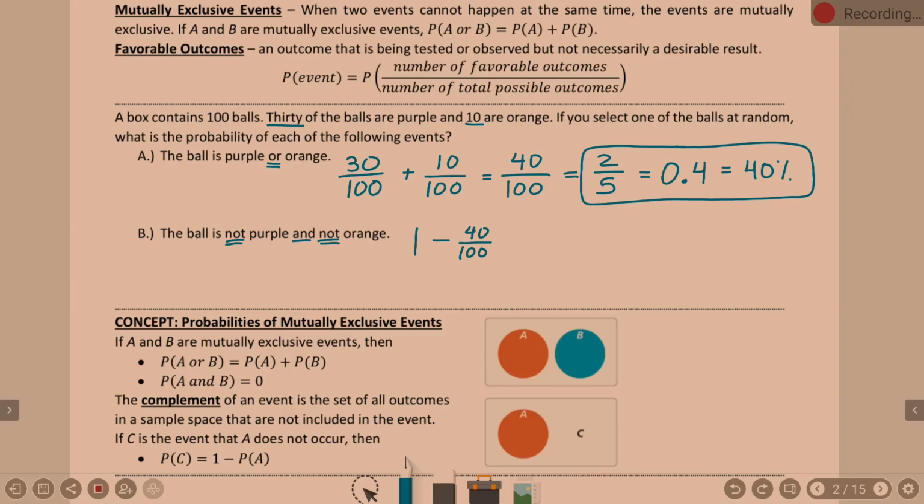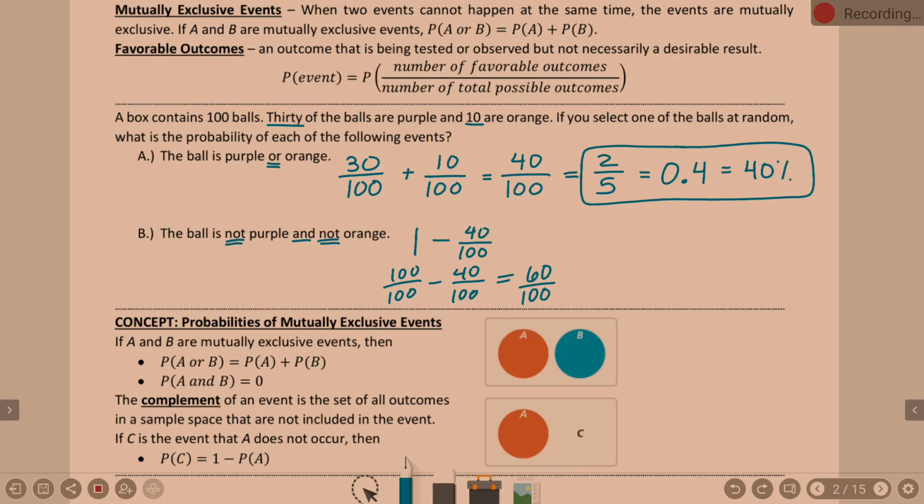So in that case, you can think of 1 as 100 over 100 minus 40 over 100, which is indeed the 60 over 100. I need to throw that idea of 1 in there so you can be thinking about that. Not that there was anything wrong with how you guys were thinking about it.